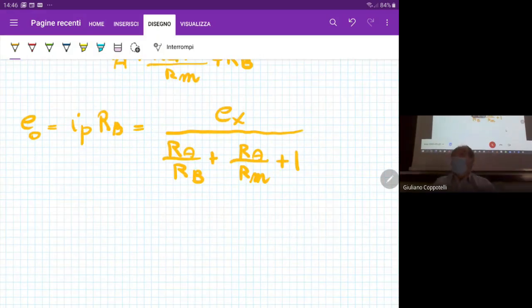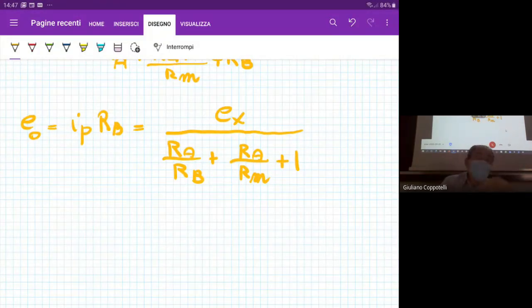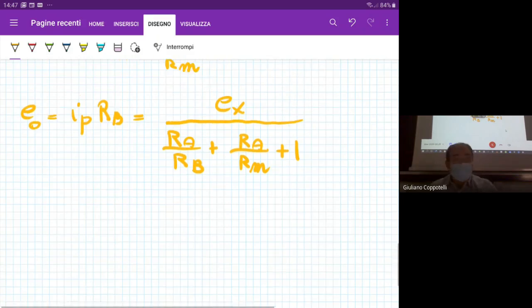Now, the last link that we need is the connection between the electrical quantities, the resistances, and the displacement that I need to measure, to estimate. So remember, from the very beginning, can you see it?